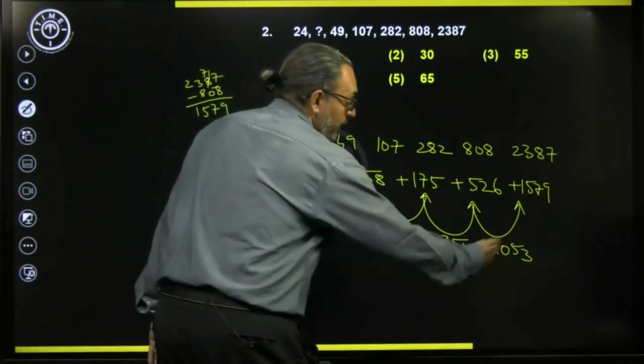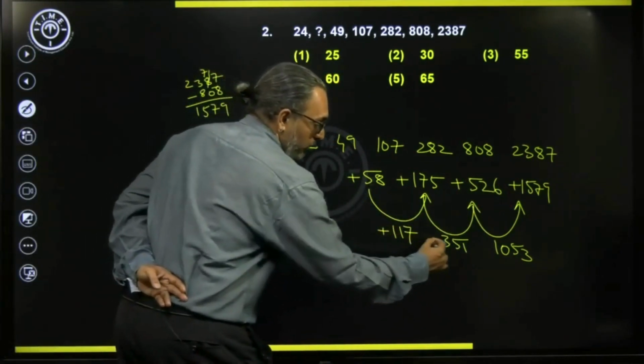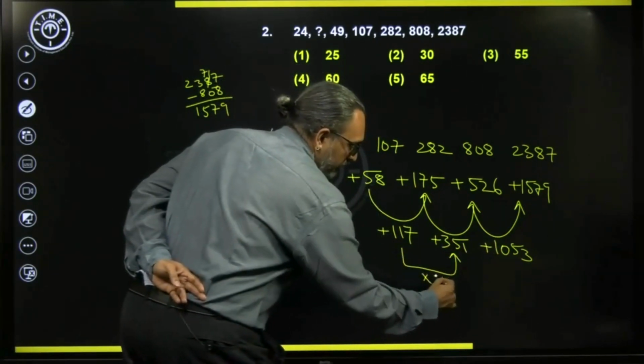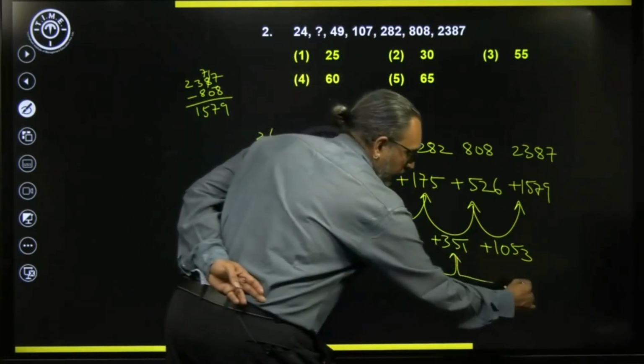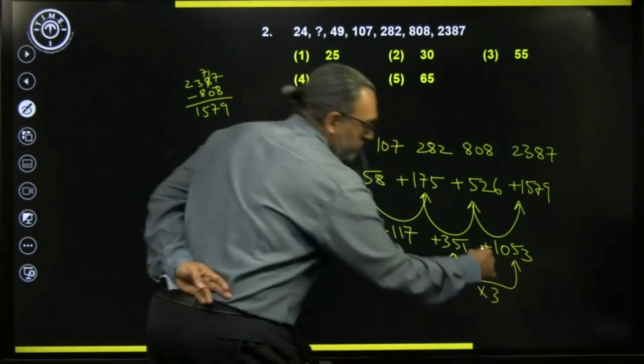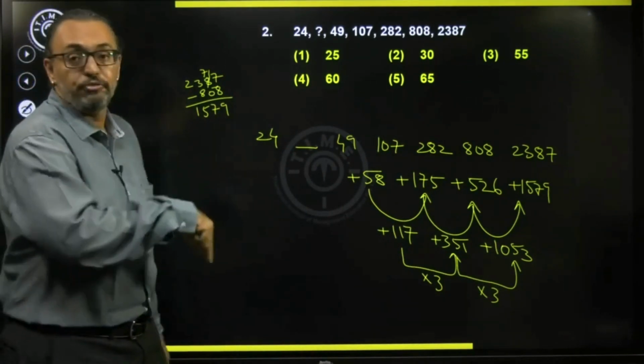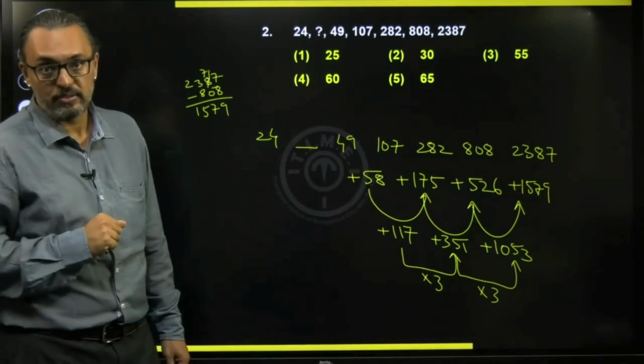Now what is happening in these differences? If you observe these differences, 117 multiplied by 3 gives you 351, and 351 multiplied by 3 again gives you 1053. So the differences of the differences are increasing by 3 times.